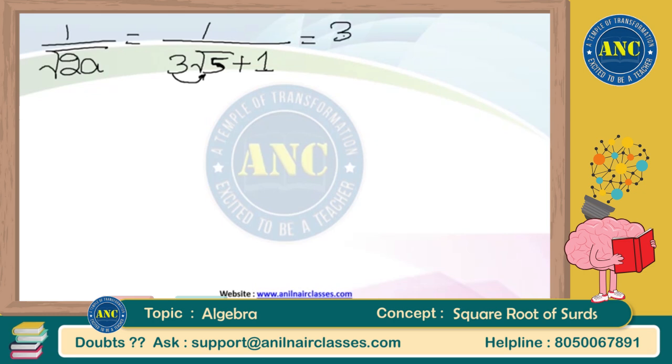So the numerator will become 3 root 5 minus 1 divided by 45 minus 1. The denominator becomes 44. Directly you can write it if you know all these things. Otherwise you should multiply and divide by 3 root 5 minus 1, and take that as (a minus b) into (a plus b).